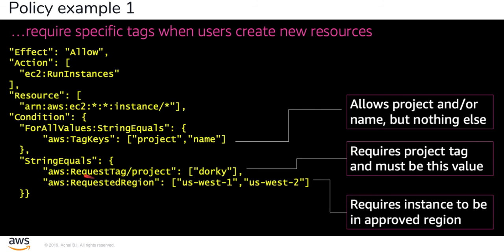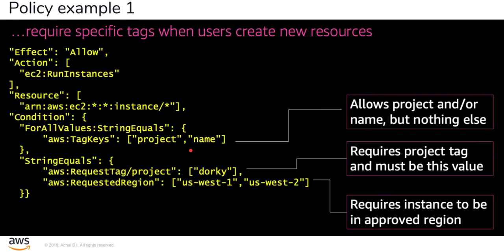In this case, the request tag has to be project and the value has to be darky, and the region has to be US West 1 or US West 2. There's an or condition here. So what this basically means is this tag allows projects or name but nothing else.